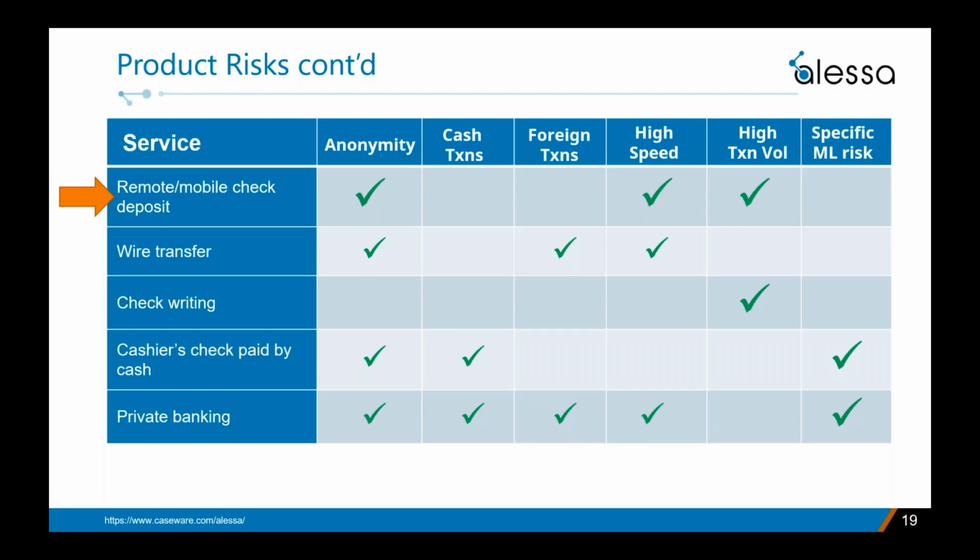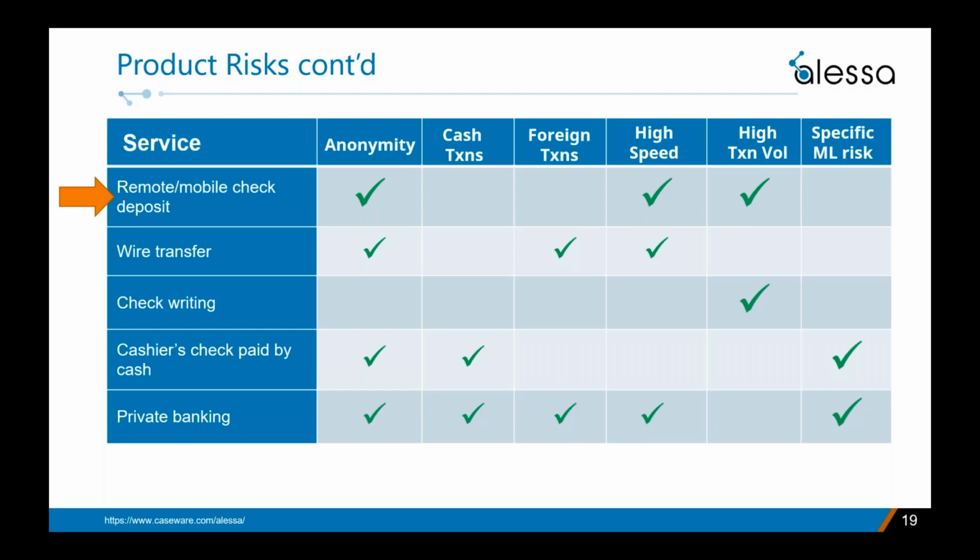You take separate images of the front and back of the check and submit it for processing. Each check is its own batch per se, and you can't image more than one check at a time for one deposit. Now, the primary risks with either of these is a form of anonymity. Because there's no teller looking at the actual checks, there's an increased risk of a couple of money laundering techniques going on.